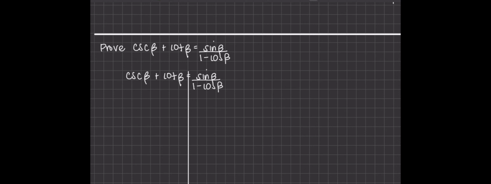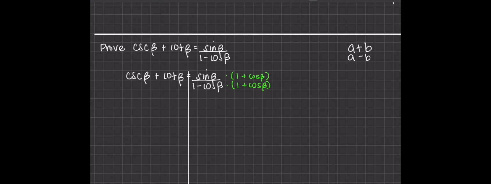So for example, if I have a plus b, the conjugate is a minus b, and vice versa. If I have a minus b, the conjugate is a plus b. So the conjugate of the denominator is 1 plus cosine of beta. And I'm going to multiply the bottom by 1 plus cosine of beta. And whatever you do to the bottom, you also do to the top, and vice versa.